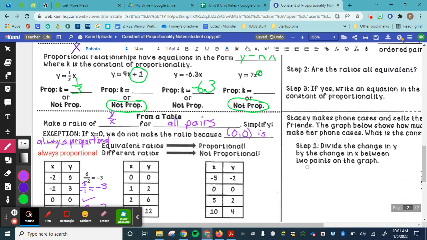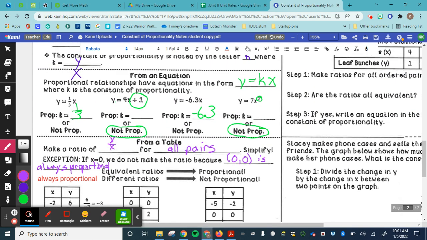If we went back up here to the equation part, what would it look like if our k is -3? Y equals -3, perfect.